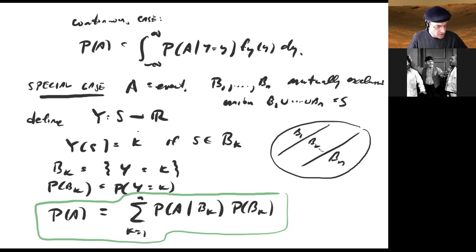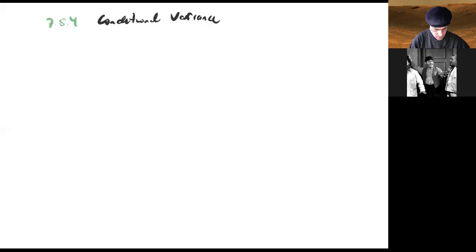The next thing I want to talk about is 7.5.4, which is called conditional variance. I'm just going to talk about definitions here. I just want to remind you, we talked up till now about conditional expectation.